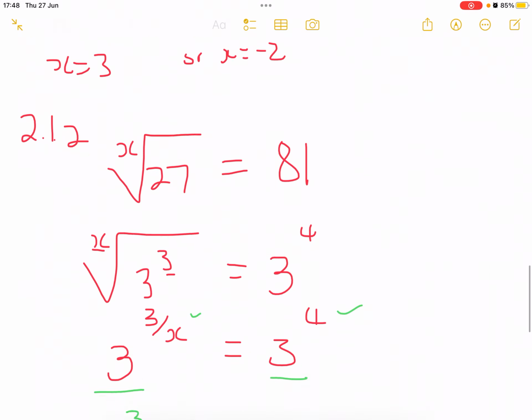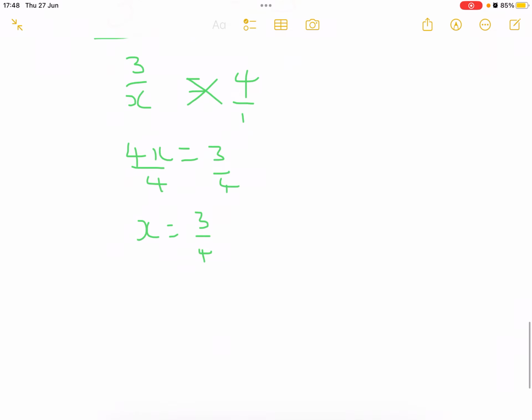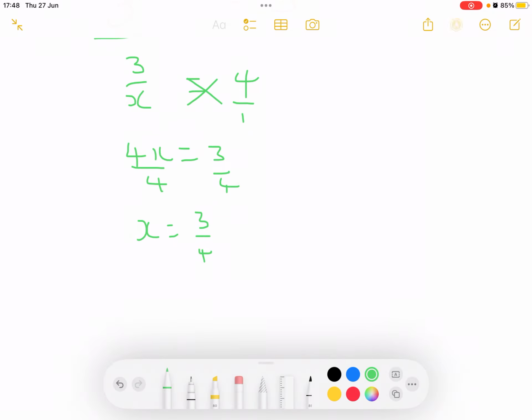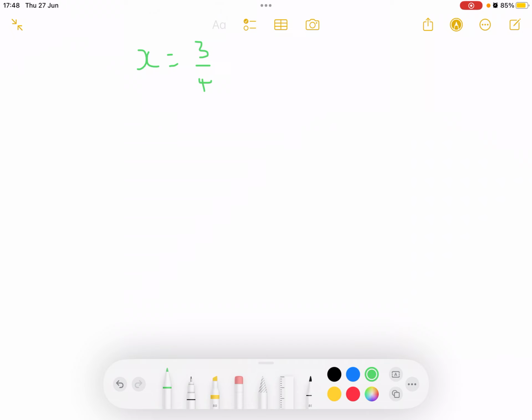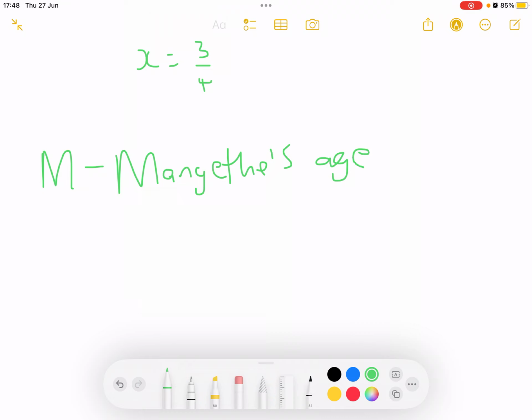Now, we need to have a form of an equation whereby we talk of Mangete's age in terms of a variable. Let's say let Mangete's age be m. So 4 years ago, that's Mangete's age minus 4 years.